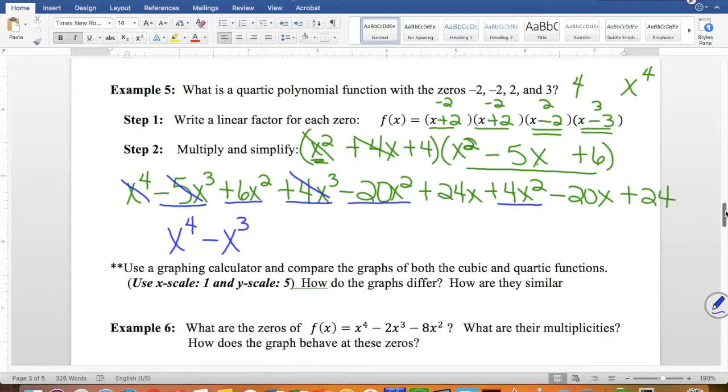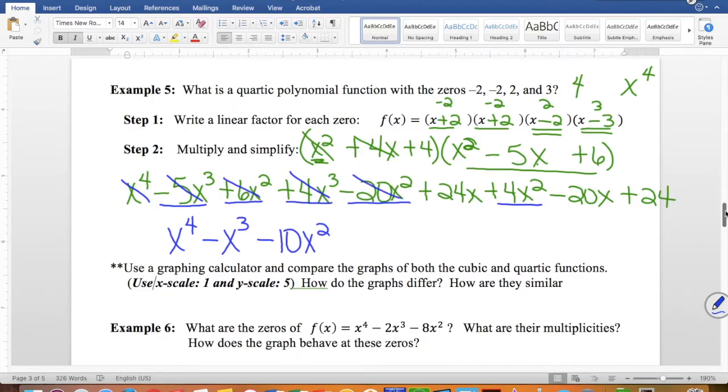Okay. I've got +6x squared, -20x squared, and a +4x squared. So I don't care how you want to do this. You can do your +6 with your +4 and get +10, and then take your +10 and -20 and get -10, or your order doesn't matter as long as you keep your signs. +6 and -20 is -14x squared, and then -14 plus 4 is -10. Either way, we come up with -10x squared.